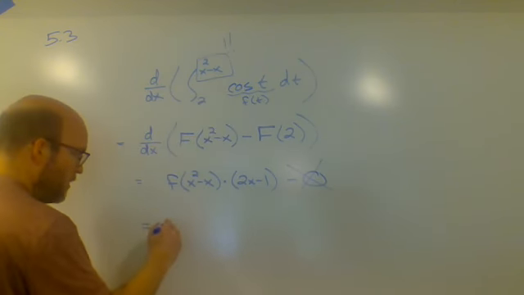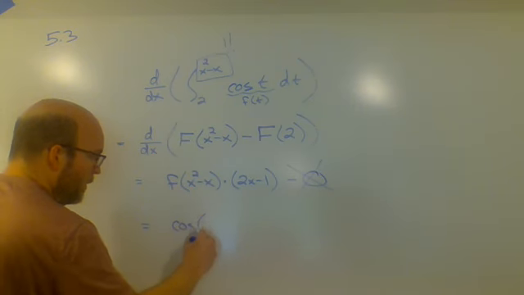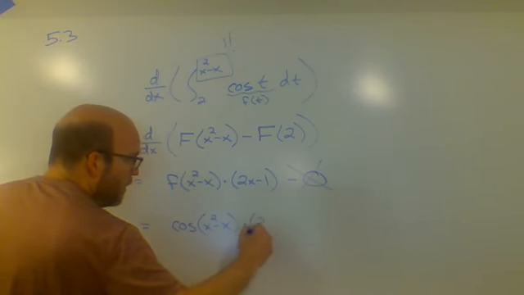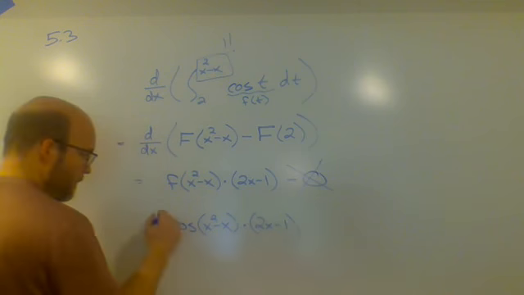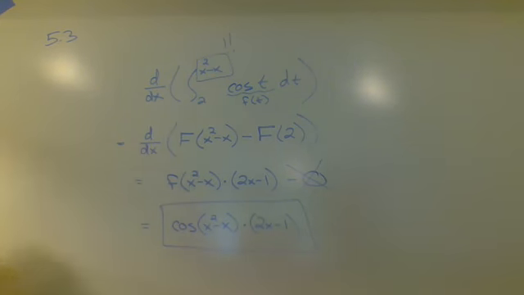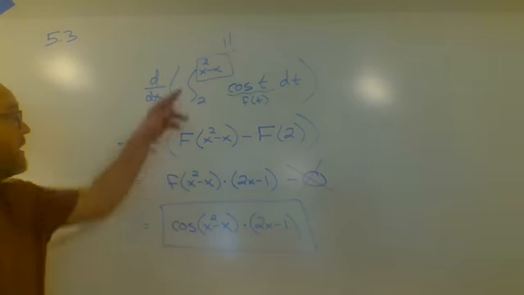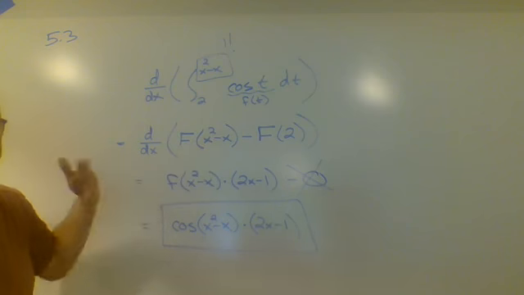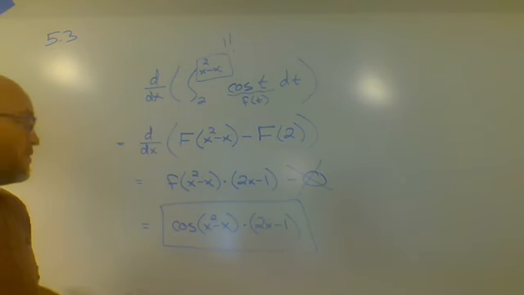Okay, so this is going to be cosine of x squared minus x times 2x minus 1. Okay, so again, it's a little bit annoying, but it's the exact same setup. You just get an expression here that forces you to use a chain rule versus just a variable where you could take the derivative naturally.